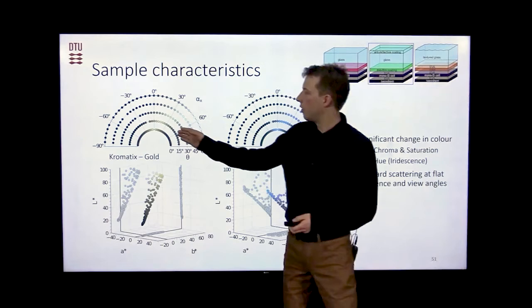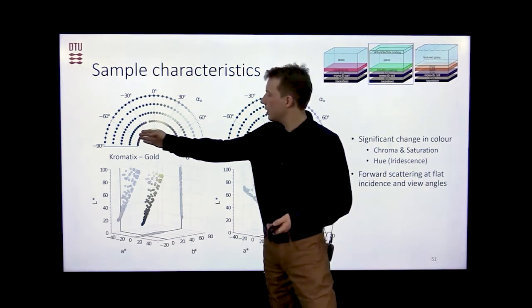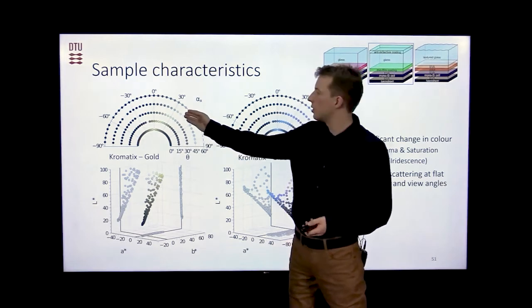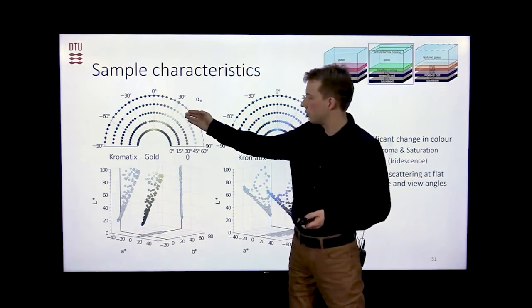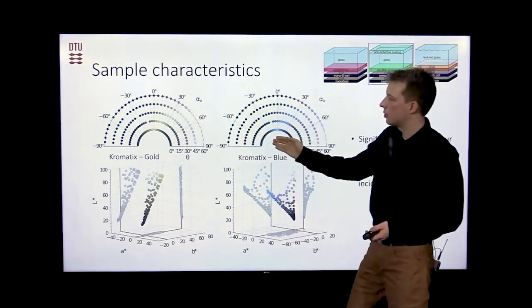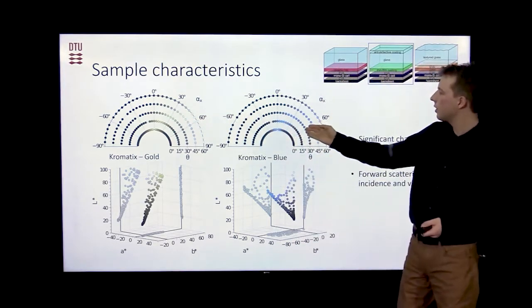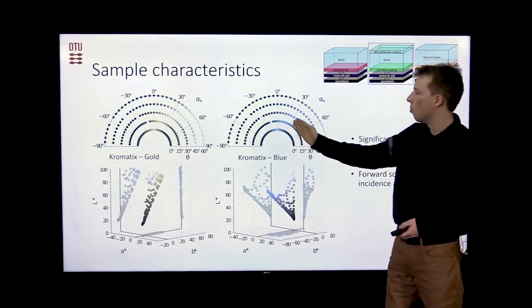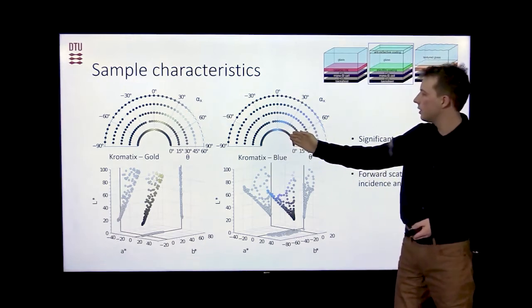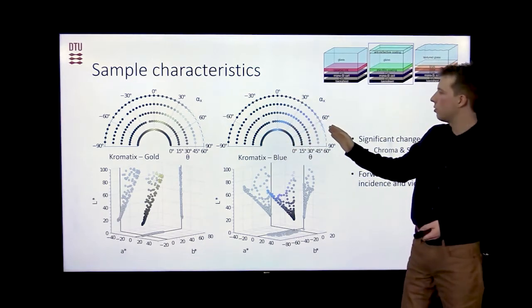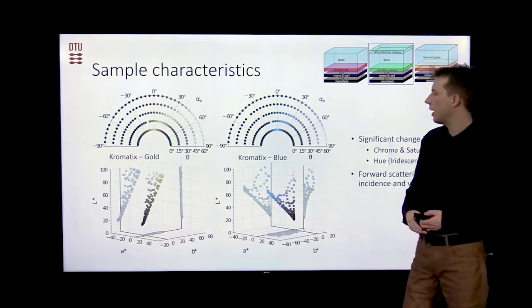If we now look at the chromatic samples, so structural colors, here we see a completely different situation. We go from very low lightness, so very dark measurements, to very high lightness measurements, which also shows significant color saturation for both samples. Here we see a gold sample, here we can see a blue sample. Additionally, in the right graph, we can see a change from a more bluish color at normal incidences to a more violet or magenta color at high incidences.